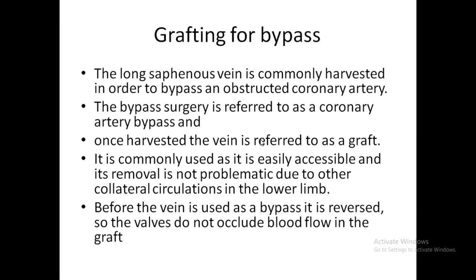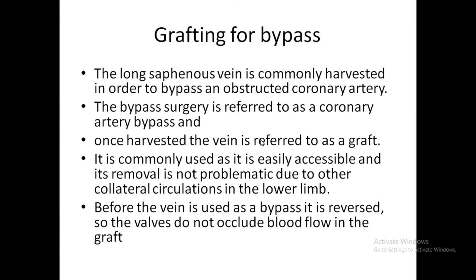Then we have another clinical aspect, that is grafting for bypass. The long saphenous vein is commonly harvested in order to bypass an obstructed coronary artery. The bypass surgery is referred to as a coronary artery bypass, and once harvested, the vein is referred to as a graft.